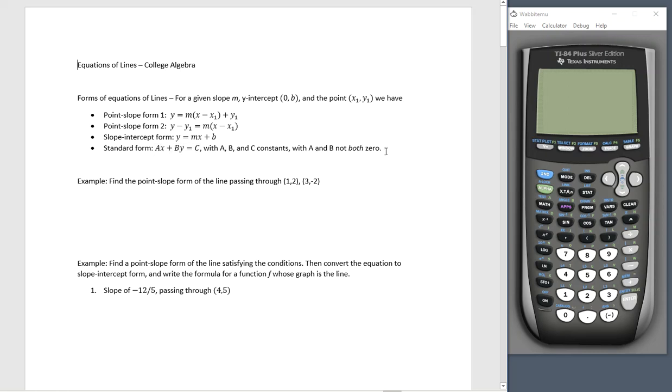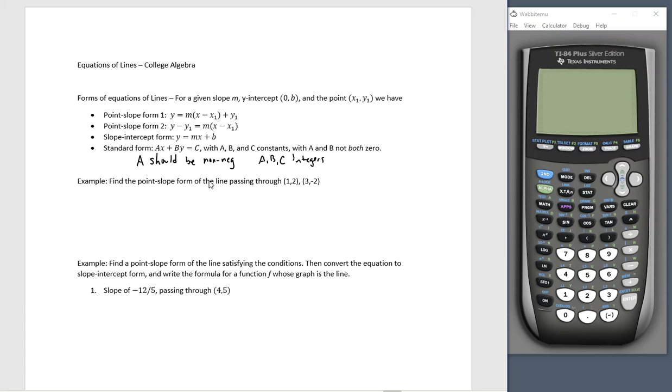A and b cannot both be 0, but in general, a should be non-negative. And in fact, a, b, and c should be integers, not just any constants. And this is the best way to go about writing the standard form because it is more all-encompassing.